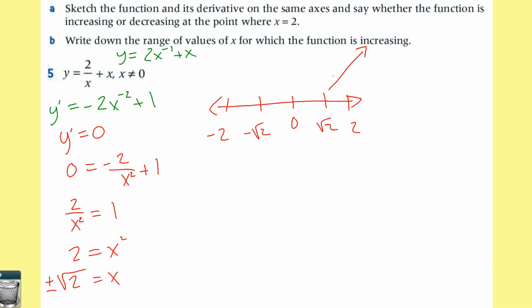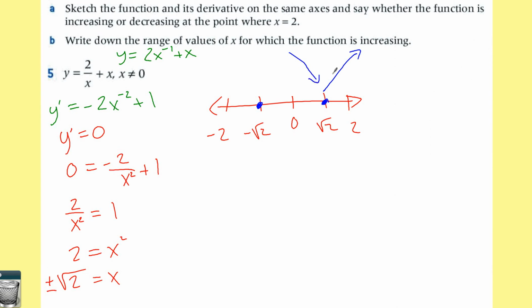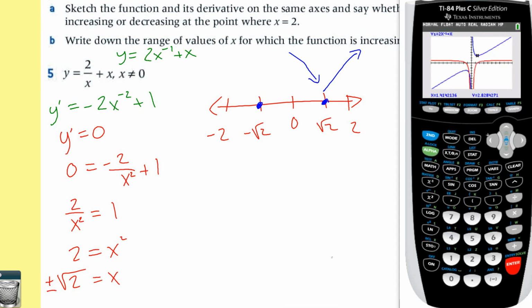Oh, I should probably do a different color. Don't mess you up. So this slope is increasing. The slope at square root of 2, these are turning points, so it's at 0. To the left of that, it's going to be negative. So I know that's going to be decreasing right there. But if we switch over and do the negative square root of 2, notice to the right of that, it's also decreasing.